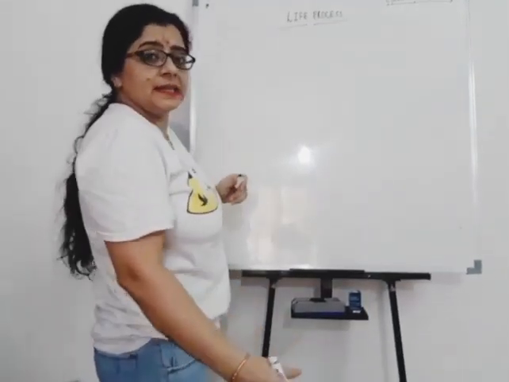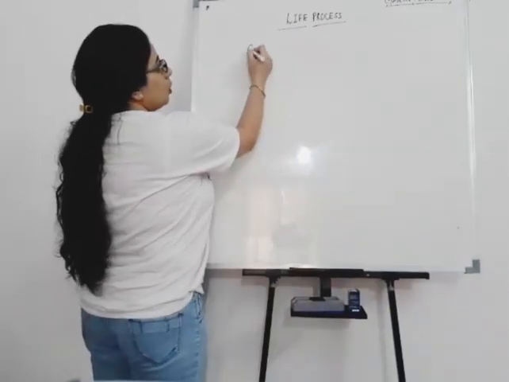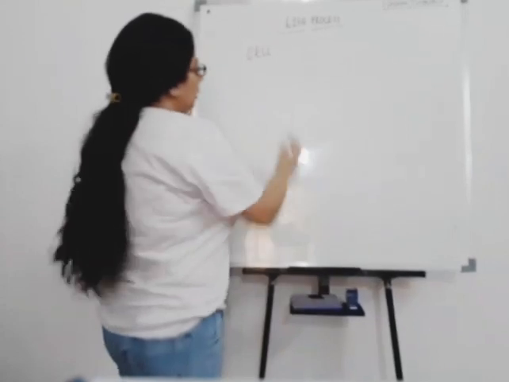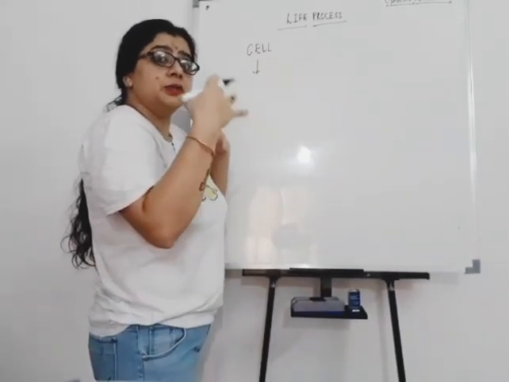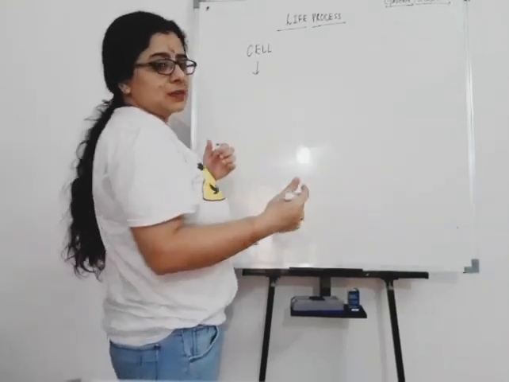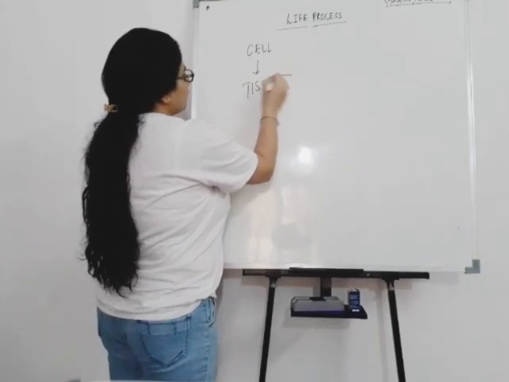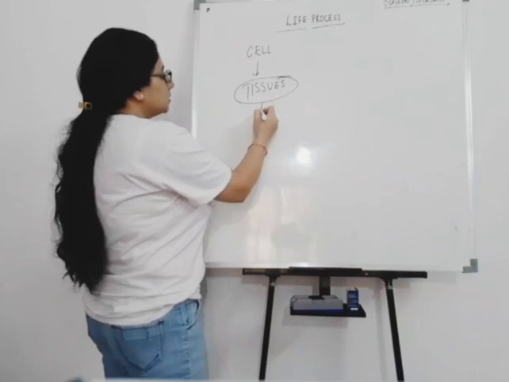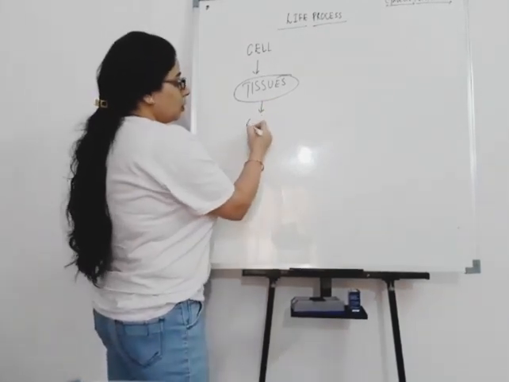So, next is how the organisms are formed. As we all know, the basic unit of life is the cell. When a number of cells combine together to perform a specialized function, it is called a tissue. When a number of tissues group together, they form an organ.